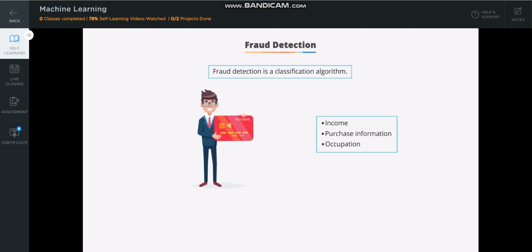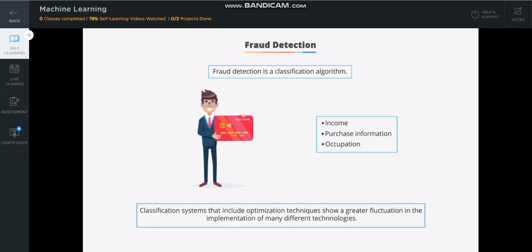Classification systems that include optimization techniques, such as genetic algorithm and support vector machine, show a greater fluctuation in the implementation of many different technologies due to the efficiency and accuracy it produces.